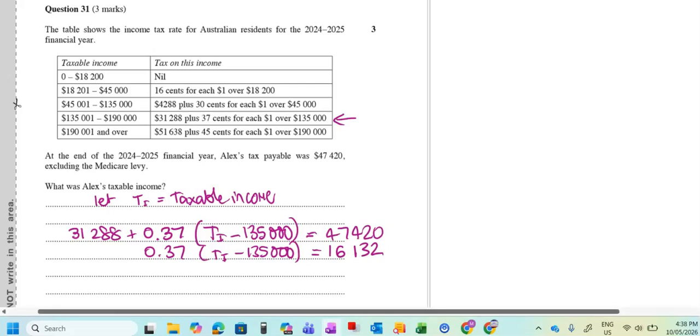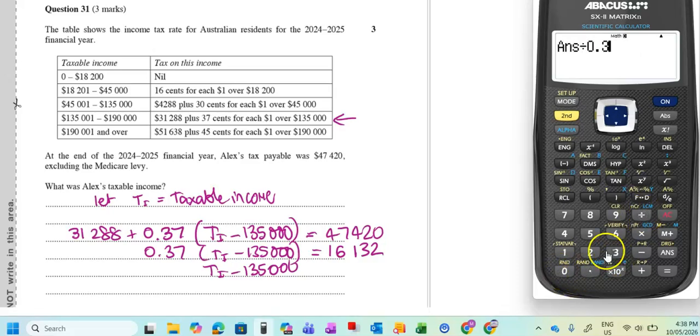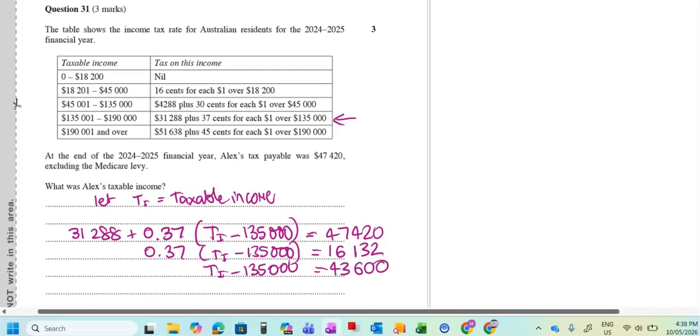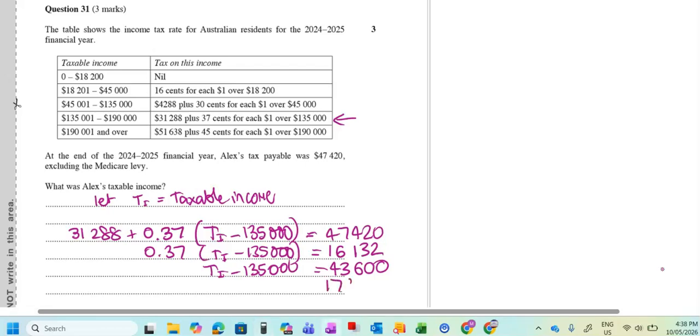We can divide that by 0.37. So take that answer and divide it by 0.37. We'll get 43,600. And we can add 135 to that. 178,600 must equal the taxable income, and that's my answer.